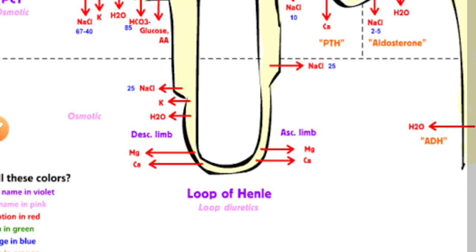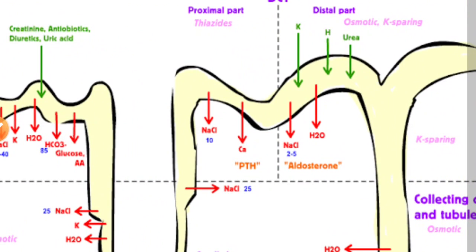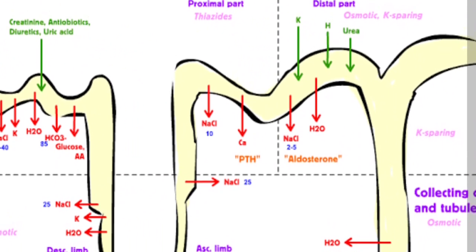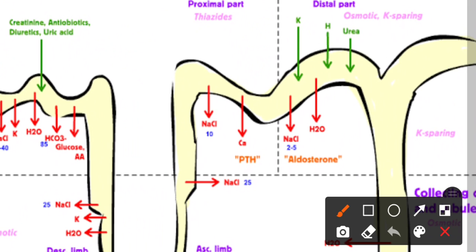Now if I go further from this loop of Henle, we have the distal convoluted tubule. Here you can very well see that some of the sodium chloride is coming out, only 10%, and calcium is also reabsorbed. It is under the control of a particular hormone called PTH.